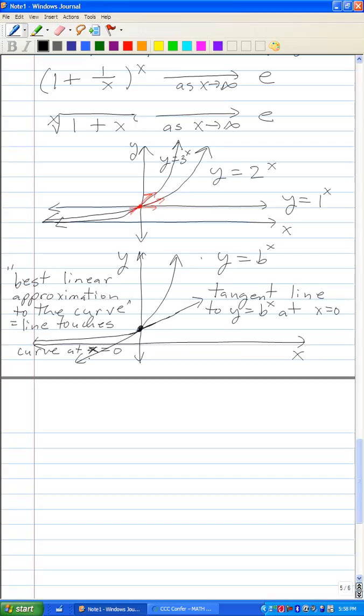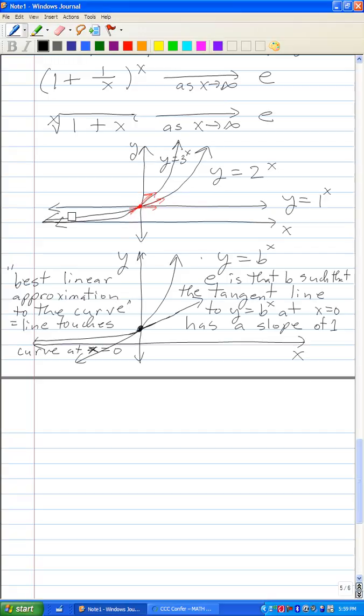Okay. And so e is that b such that the tangent line to y equaling b to the x at x equals 0 has a slope of 1. So notice that, obviously if I have y equal 50 to the x, it'll go really, really steep.